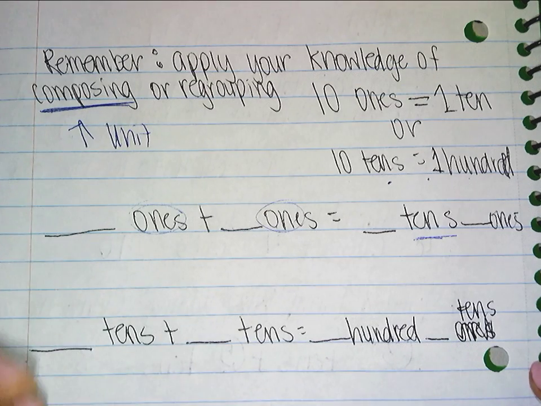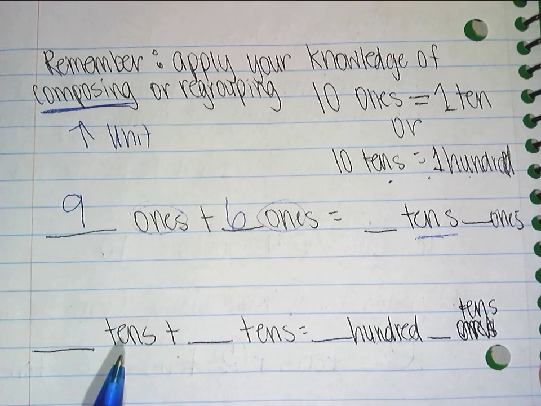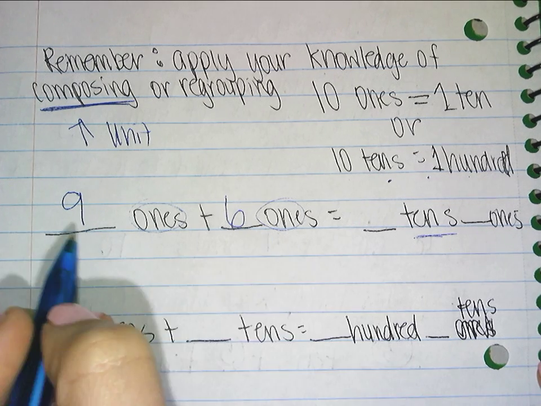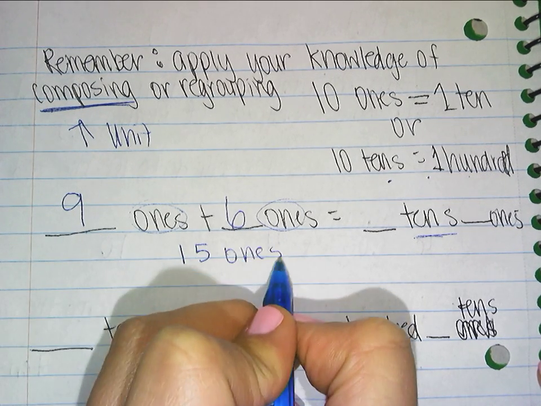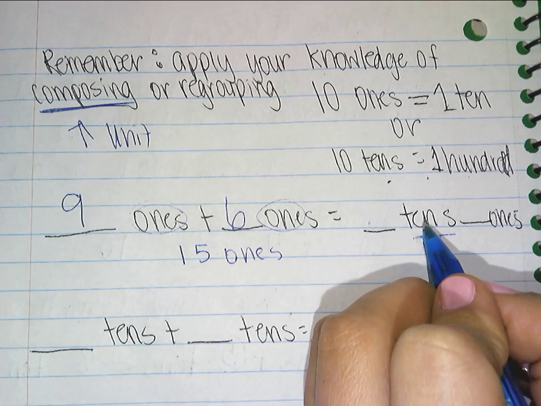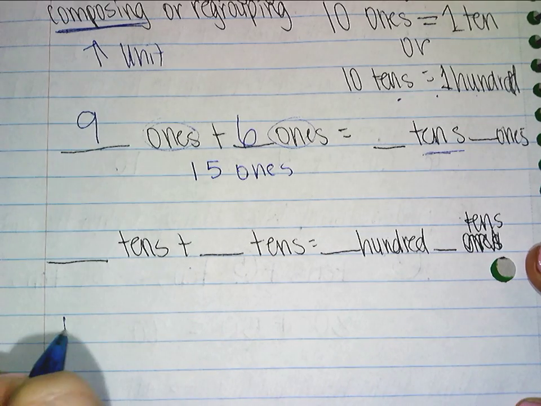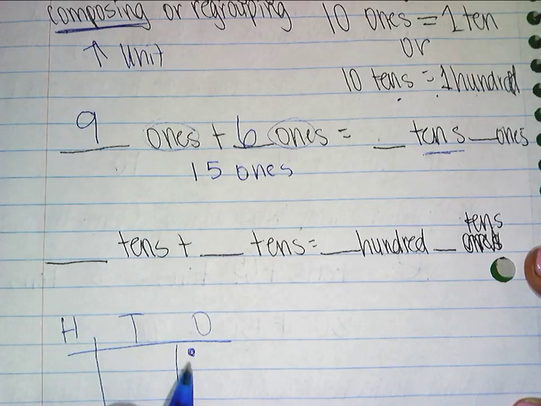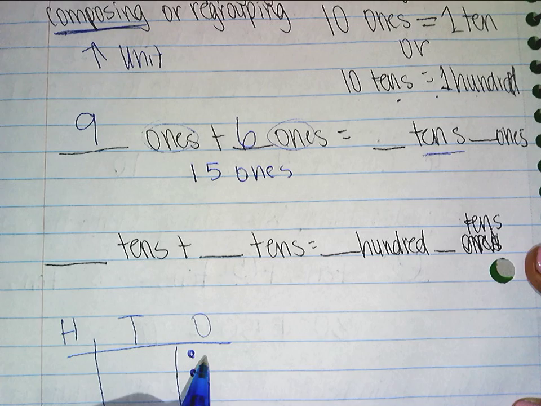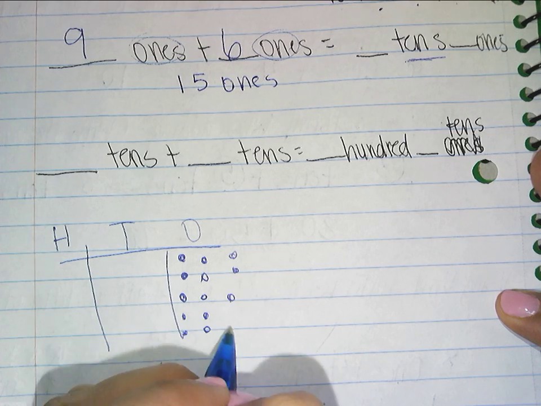So for example, if I have 9 ones plus 6 ones, 9 ones plus 6 ones, this equals 15 ones. But here in my answer, I need to change it to tens. So you're applying that knowledge. So let's take it to that place value chart again. If you have 15 ones, 1, 2, 3, 4, 5, 6, 7, 8, 9, 10, 11, 12, 13, 14, 15.